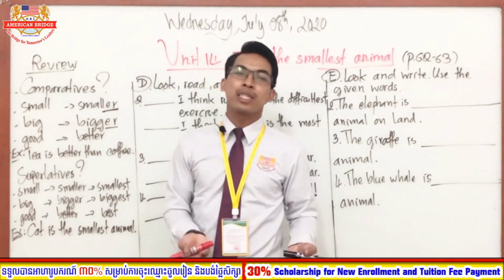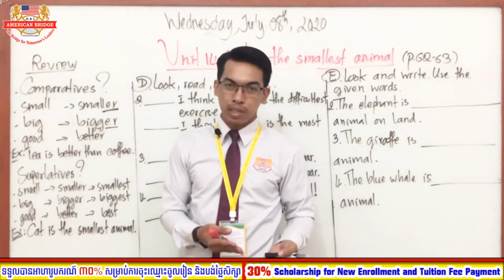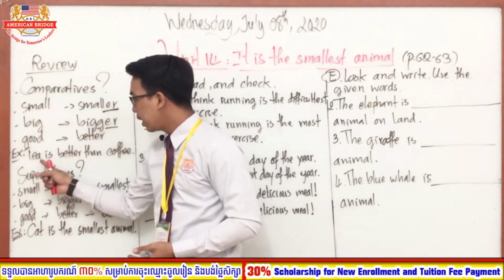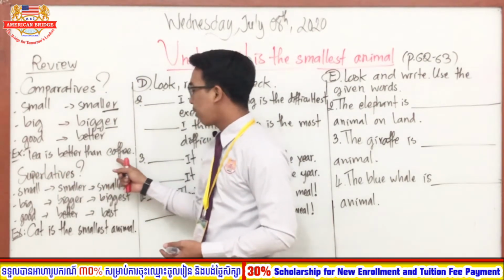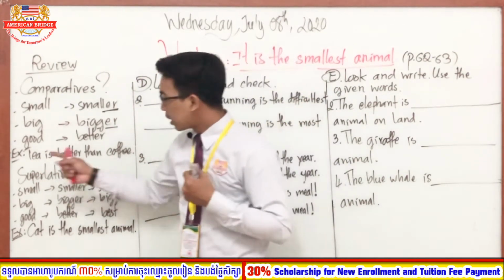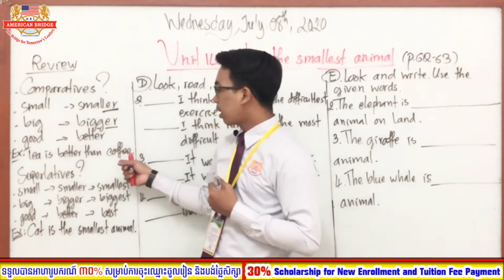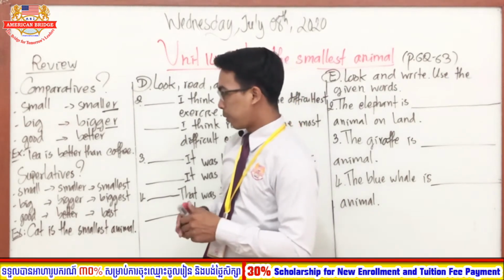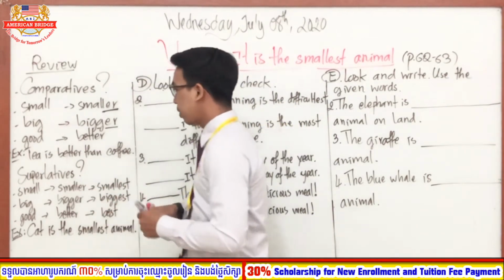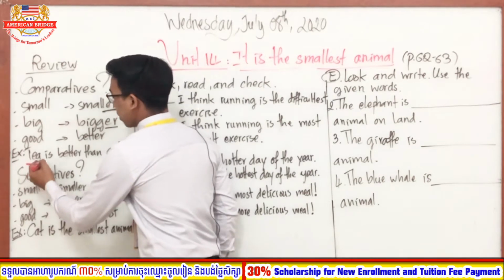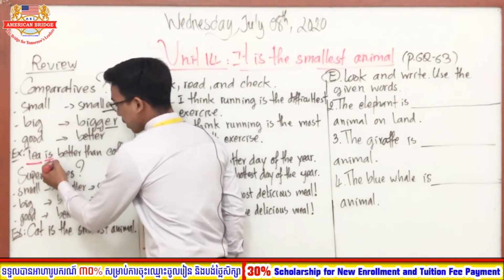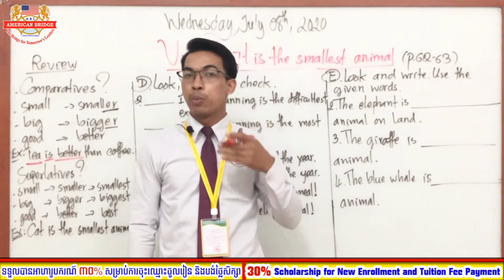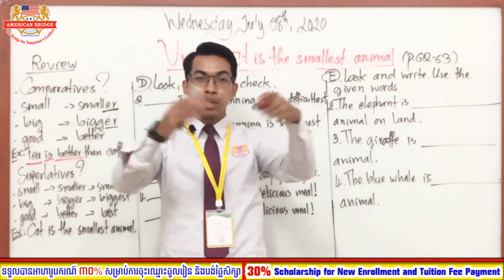Good. So how do we make a sentence using comparative adjectives? You can look at the whiteboard. Tea is better than coffee. You have to remember that we have a subject, we have to be, we have a comparative adjective, and remember that with comparative adjectives we have the word than to compare the two things.